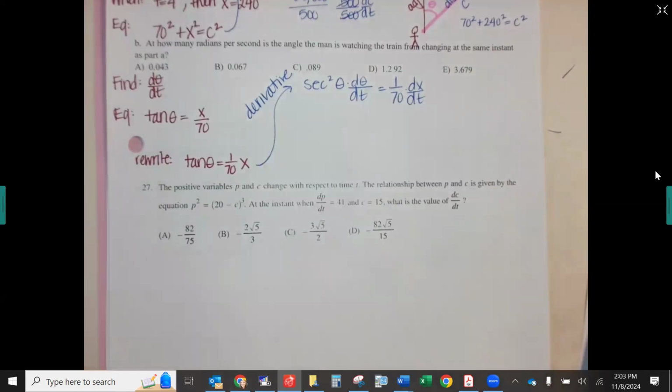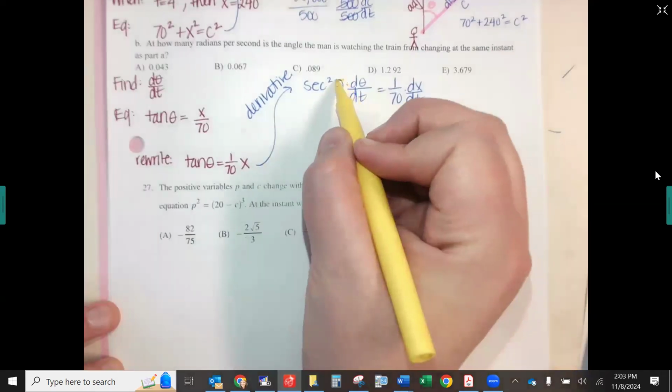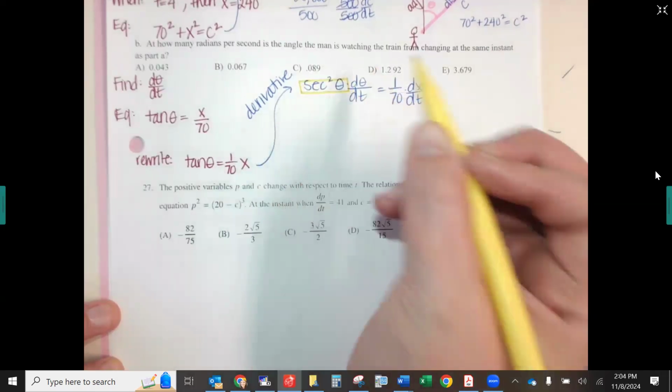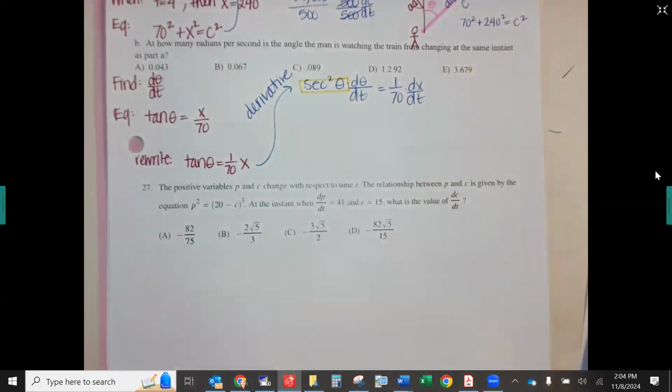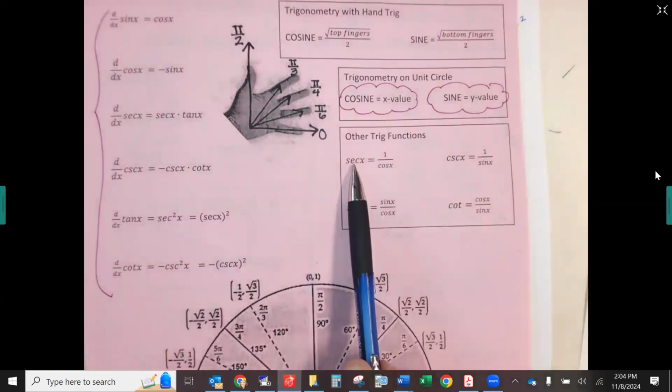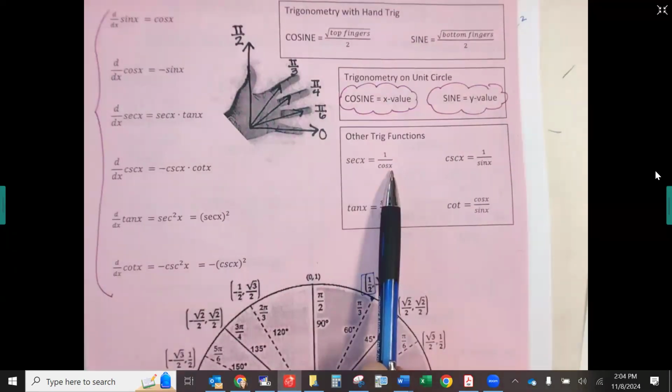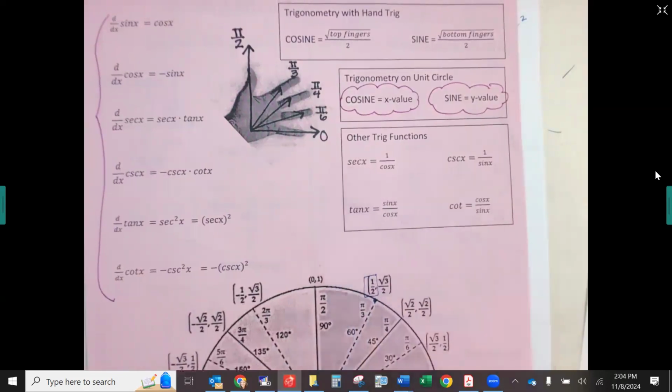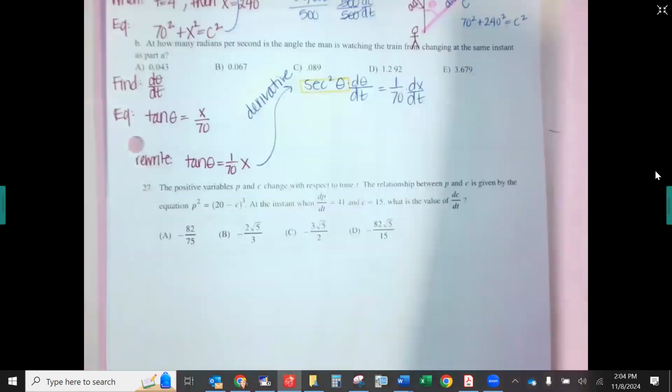Okay, for the secant, this is the part that we covered last time. You have to use your SOHCAHTOA to know what to put into that spot. So look back at your pink sheet. Secant is which one flipped? Cosine. So if cosine is a over h, what will secant be? H over a.